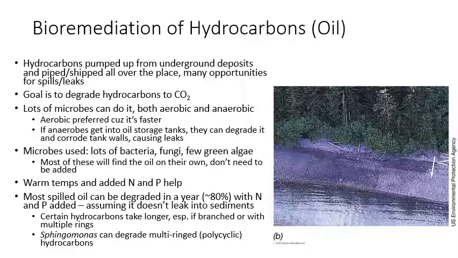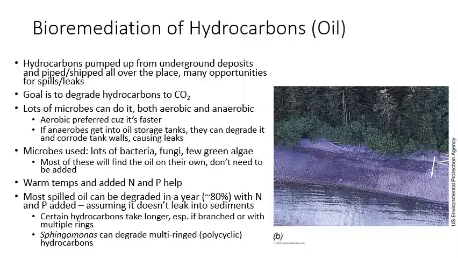So you have aerobic and anaerobic microbes that can do it. A lot of them are bacteria, but you also have fungi and even some green algae that can do this process. When we're using them for bioremediation, we prefer to use aerobic microbes because their metabolism is faster. So they'll degrade the hydrocarbons to carbon dioxide faster than anaerobes will.